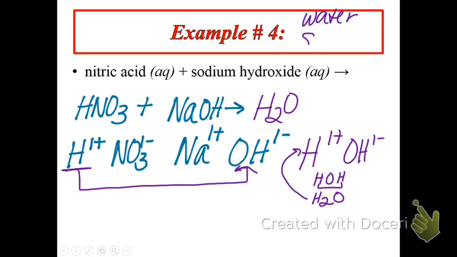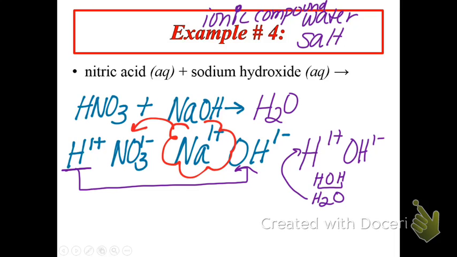And actually the other one is a salt. And a salt is just a generic word for an ionic compound. And an ionic compound is just anything that was formed by ions. So for example here, I have sodium hooking up with NO3.